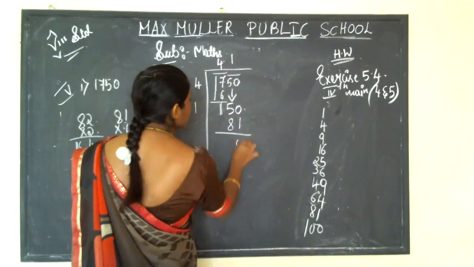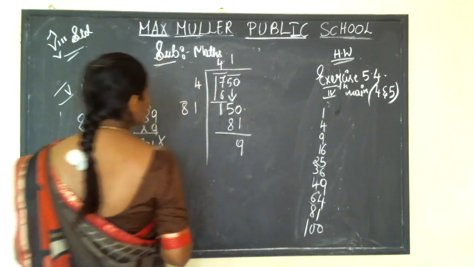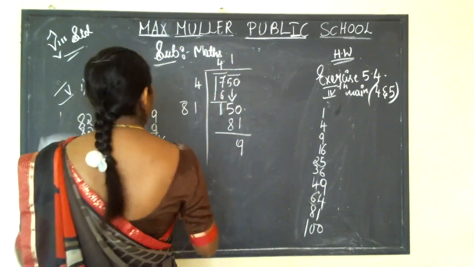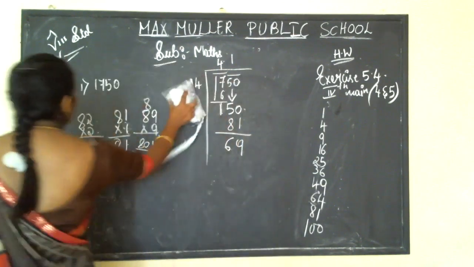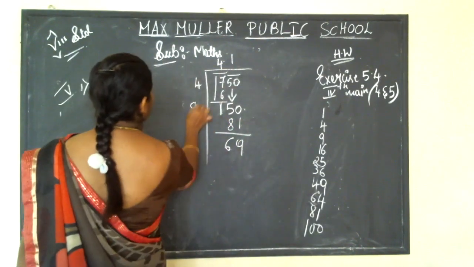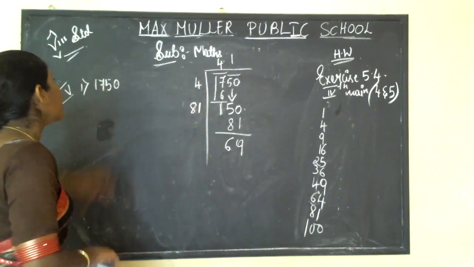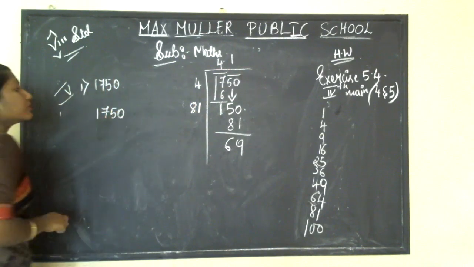So here 10 minus 1 is 9, and 14 minus 8, you will get 6. 69 you got as the remainder. What you have to do here is 1750.